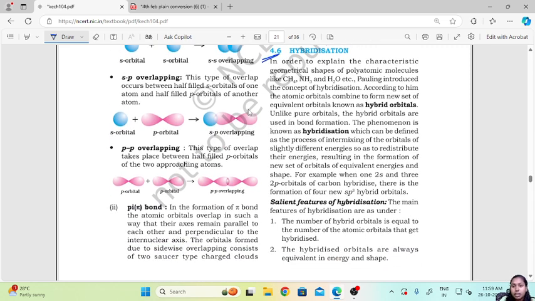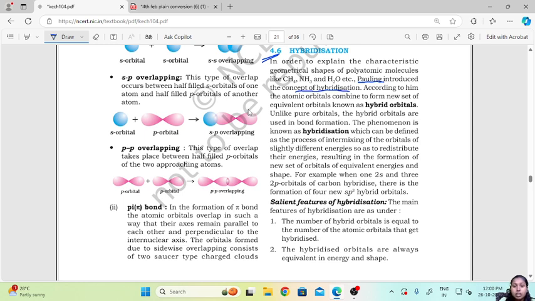Now, hybridization is a concept used to explain the characteristic geometrical shapes of polyatomic molecules. Pauling is the one who introduced the concept of hybridization. It was introduced to explain the geometrical shapes of polyatomic molecules.